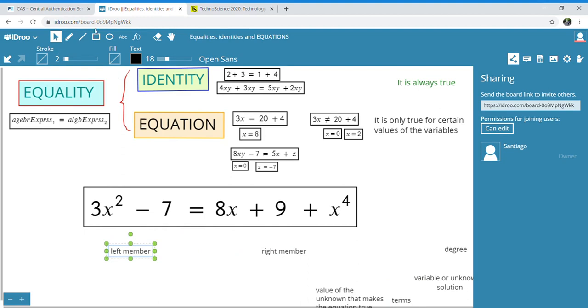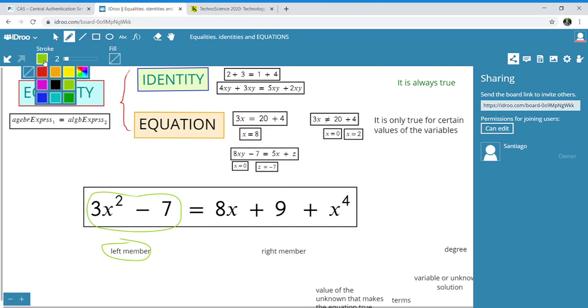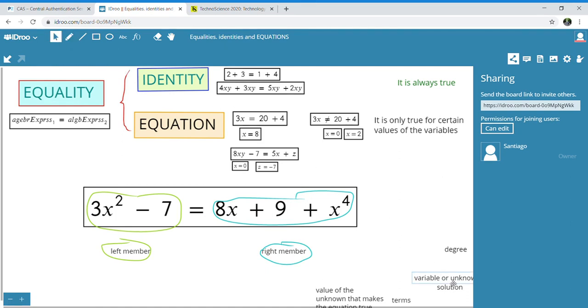So we say that the left member of an equation is what is to the left of the equal symbol, and the right member of the equation is what you find to the right of the equal symbol. Another very important element of the equation is the variable or unknown.